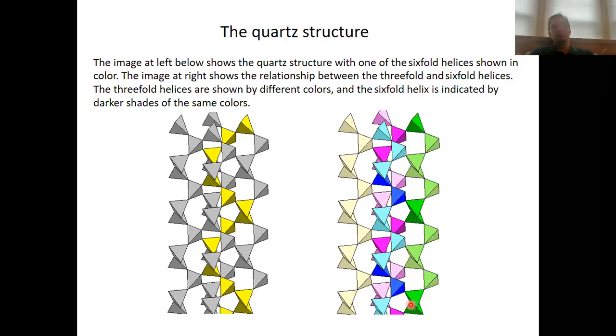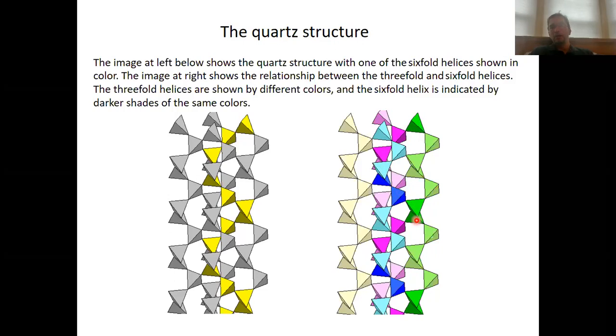But each tetrahedron also belongs to a 6-fold screw axis, and that's indicated here by light and bold colors respectively. So all tetrahedra that are in bold belong to the same 6-fold screw axis, okay? So we can, for instance, start with this tetrahedron here, and then you see that the next tetrahedron is this purple one, which is in bold. The next one would be that one, also purple and bold. This one here would be blue and bold. This one would be blue and bold. Then we have these two green ones in bold.